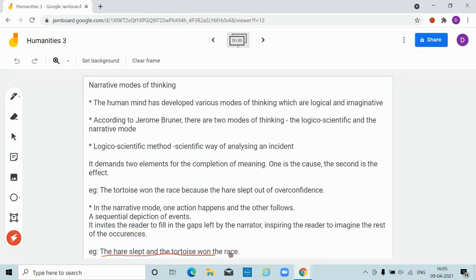So, this particular sentence can be rewritten in so many different ways with your imaginative power when you're using the narrative mode of thinking.